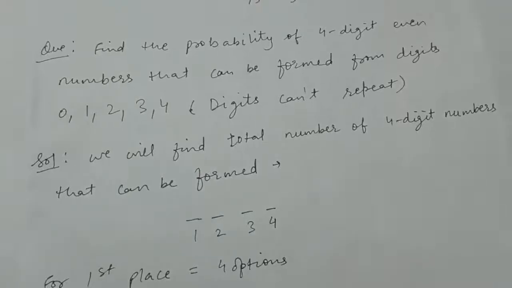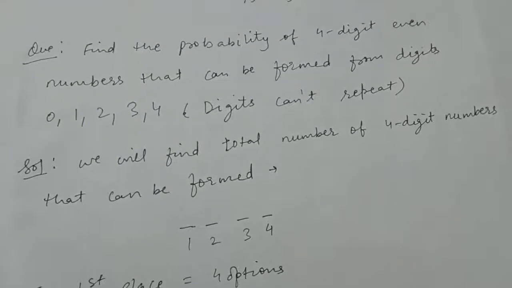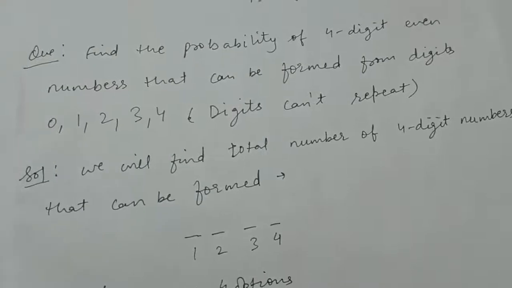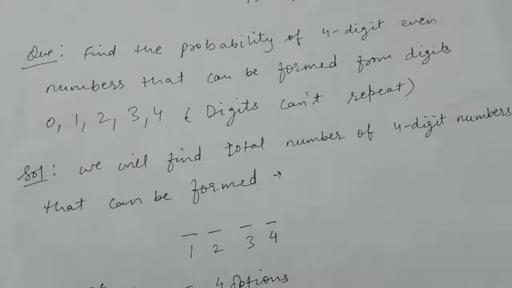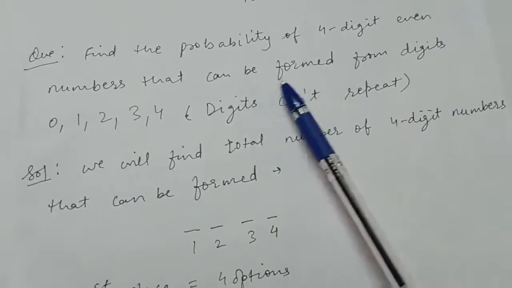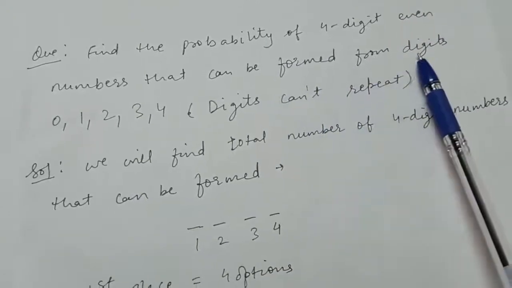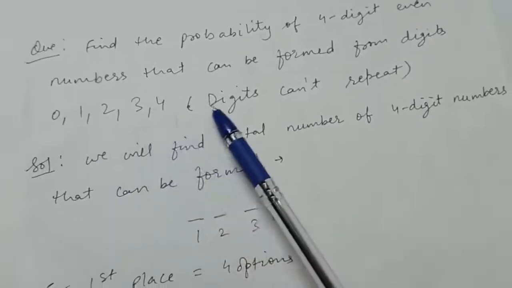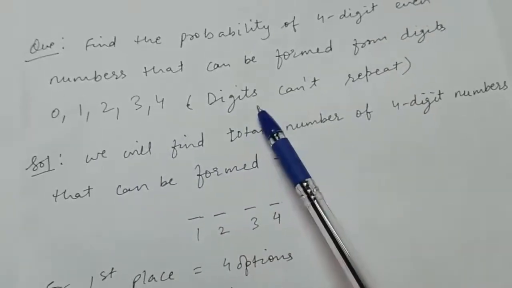Question I am explaining you is very important question. See, the statement says find the probability of 4-digit even numbers that can be formed from the digits 0, 1, 2, 3, 4, and the case is digits can't repeat.